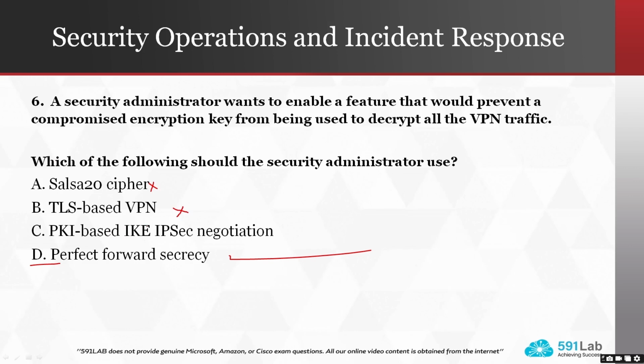So a TLS-based VPN could not be the correct answer. PKI-based IPsec negotiation, where PKI means public key infrastructure, can be used for authentication in IKE, or Internet Key Exchange, which is part of IPsec, or IP security.